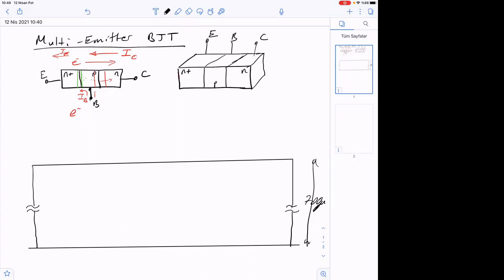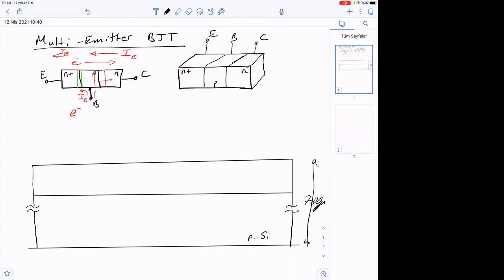So typically we take a wafer, and this wafer has maybe two doping regions. This is silicon, and it can be N-doped or P-doped. Let's say this is P-type silicon.